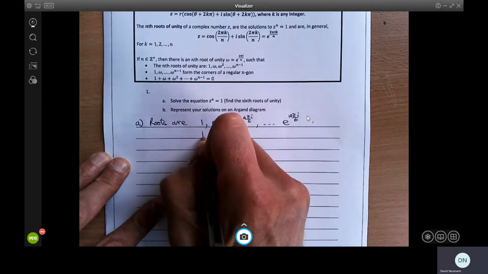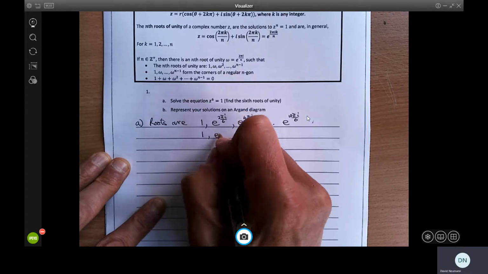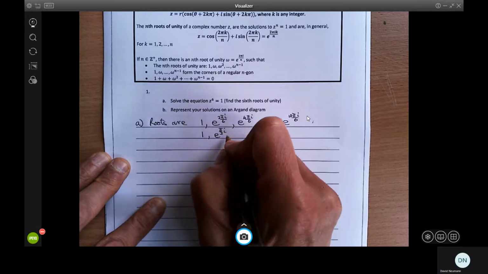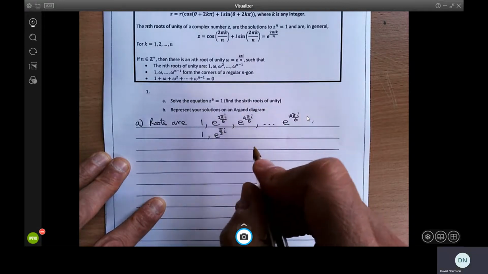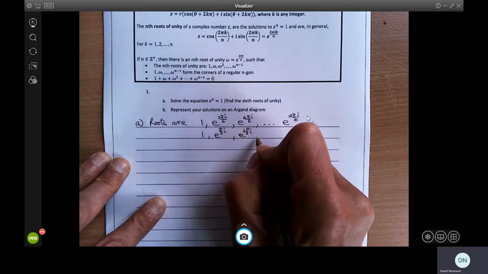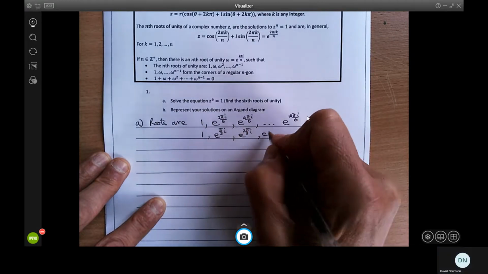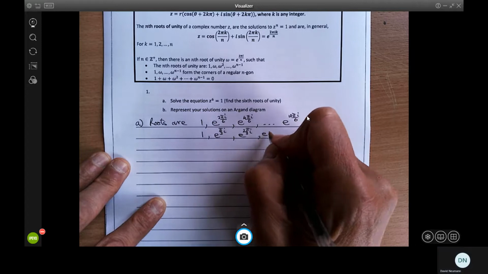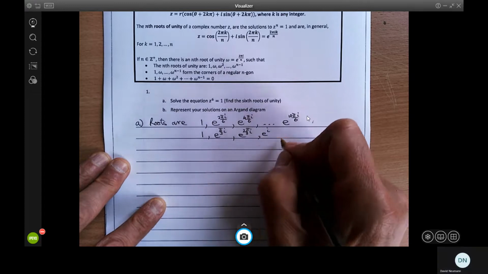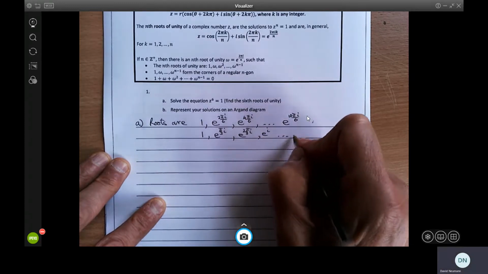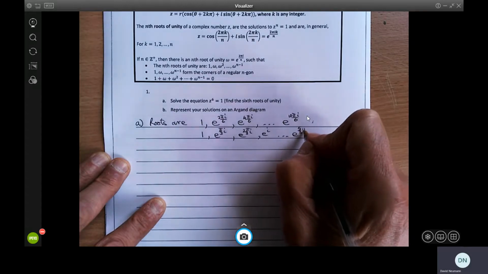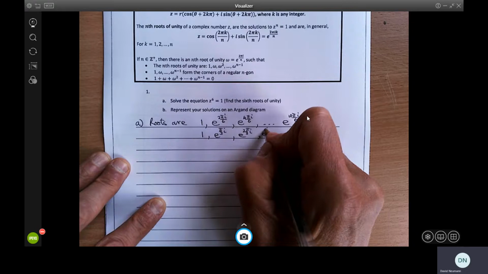So these are 1, e to the pi over 3 i, e to the 2 pi over 3 i, e to the 3 pi over 3 i, so that's going to be e to the i pi, and so on up to e to the 5 over 3 pi i. Sorry, I should have put pi in there.